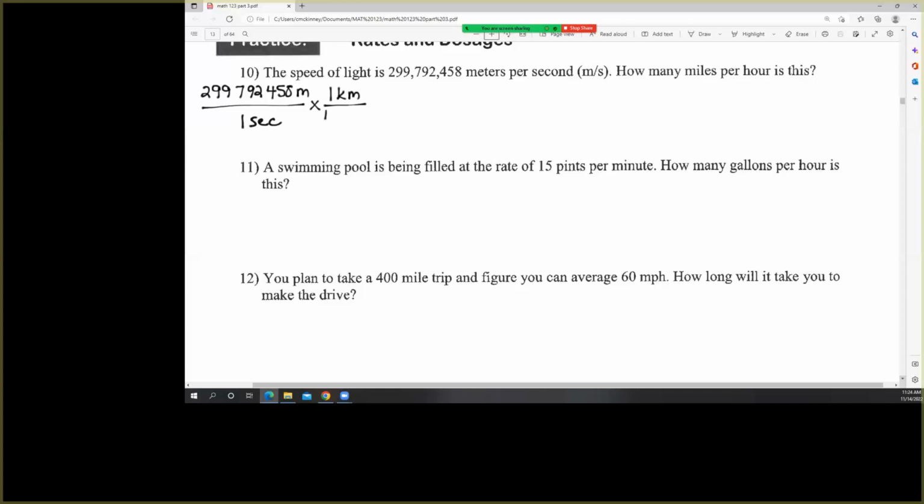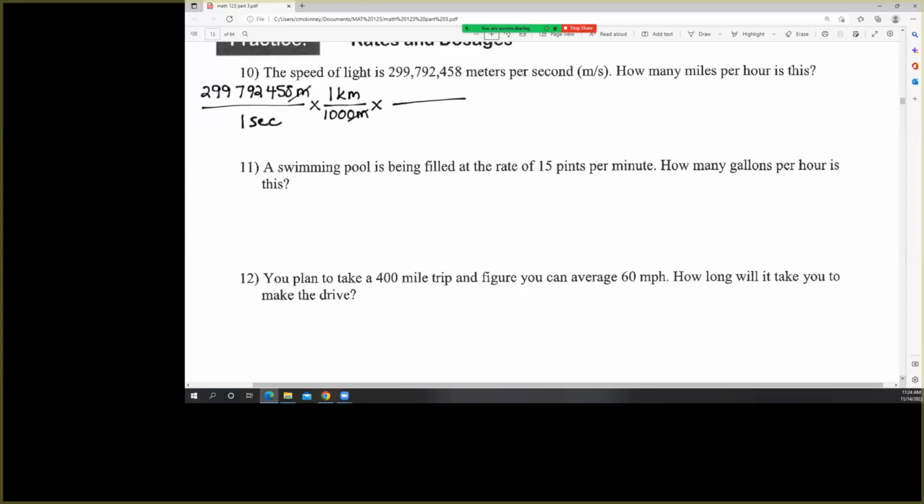So 1 kilometer is 1,000 meters. So we're dividing by that 1,000, or we could just move the decimal 3 places. That would put us in kilometers.